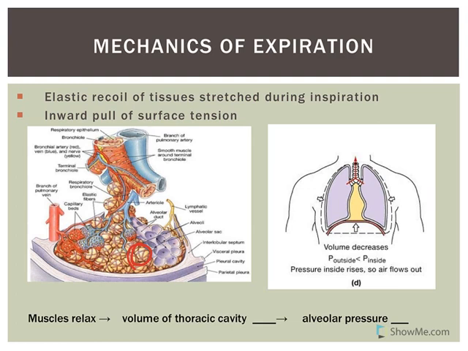Now, resting expiration, or exhalation, same thing, exhalation and expiration, is passive. You don't need nervous input for this to happen. So as all the muscles relax and you have all that elastic recoil of tissues and the inward pull of surface tension, the volume of the thoracic cavity is now going to decrease.